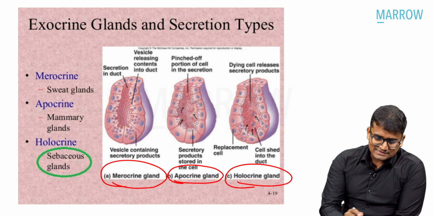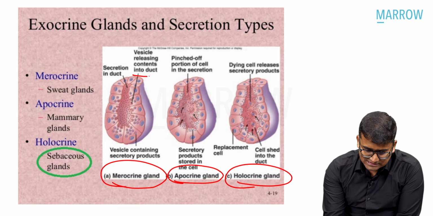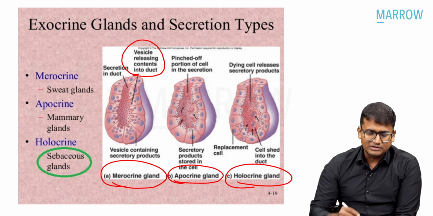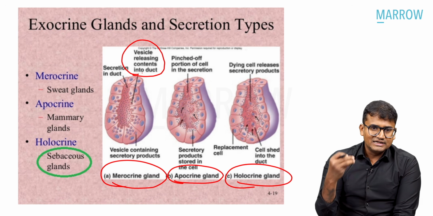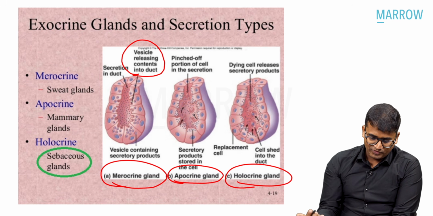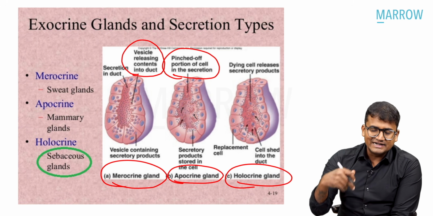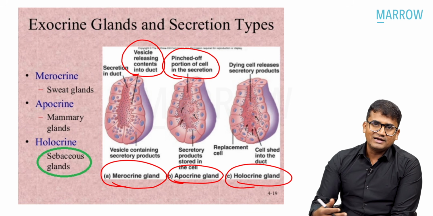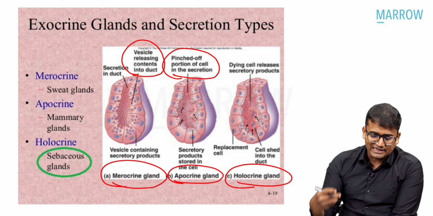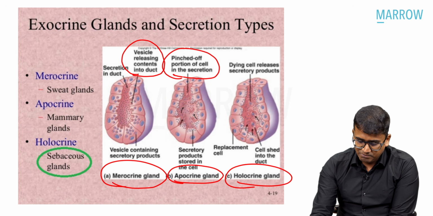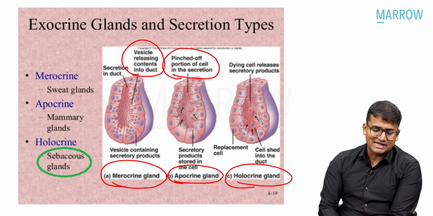In merocrine glands, the vesicles release the content by exocytosis. Here the cells are intact. In apocrine glands, the apex of the cell is pinched off to give the secretion. In holocrine glands, the entire cell disintegrates to give the secretion. Example for holocrine gland: sebaceous glands.